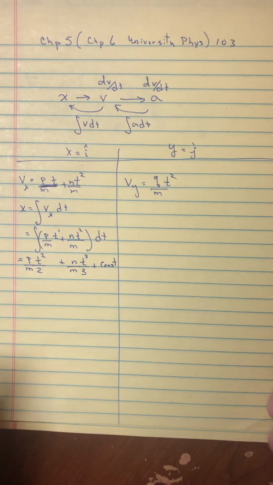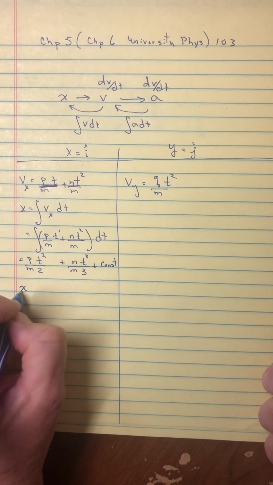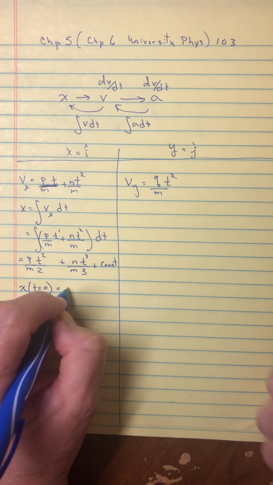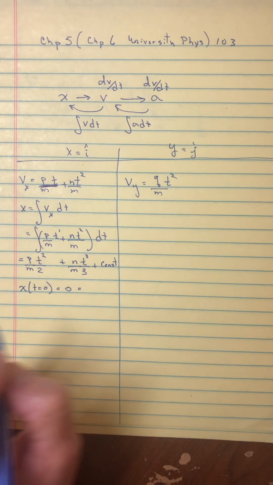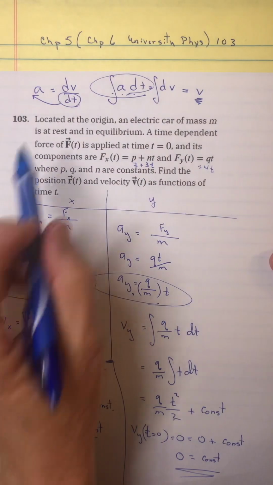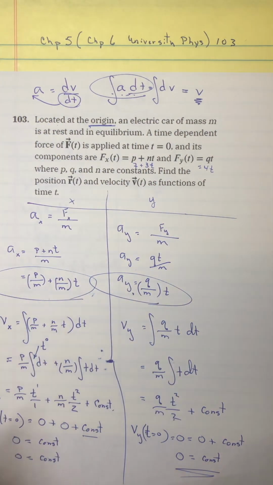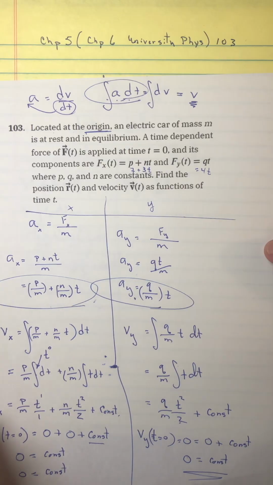plus a constant. But again, if you look at this, when time is equal to 0, they say the position is 0. See, that's what it says right here. Located at the origin. So that means x and y are equal to 0. Okay?